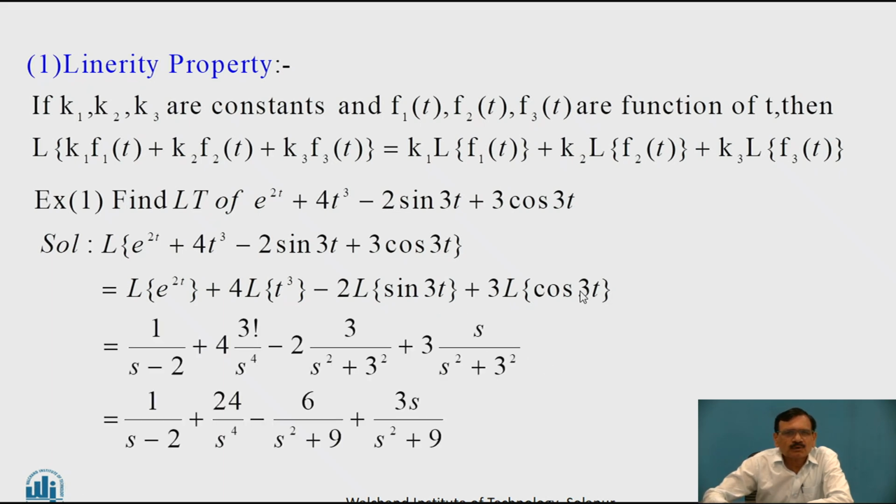By making use of those formulae, we can write Laplace transform of e raised to 2t is 1 upon s minus 2 plus 4 into Laplace transform of t cube is 3 factorial by s raised to 4 minus 2 into Laplace transform of sin 3t is 3 upon s square plus 3 square plus 3 into Laplace transform of cos of 3t is s upon s square plus 3 square, which is equal to 1 by s minus 2 plus 4 into 3 factorial means 24 divided by s raised to 4 minus 2 into 3 is 6 divided by s square plus 9 plus 3s upon s square plus 9. This is the Laplace transform of the given function.